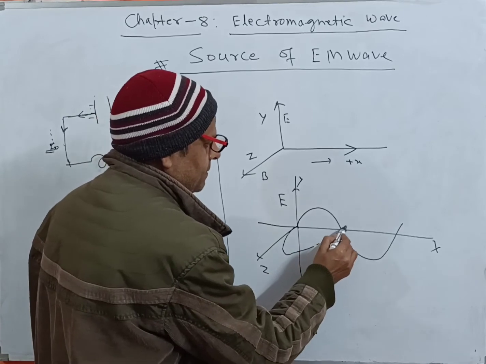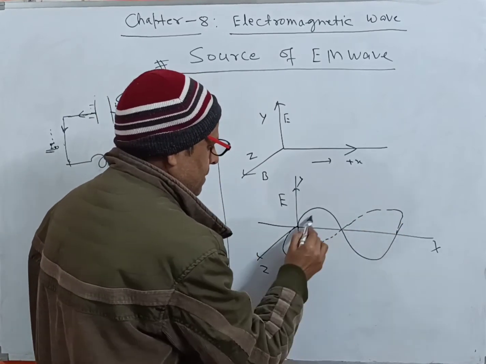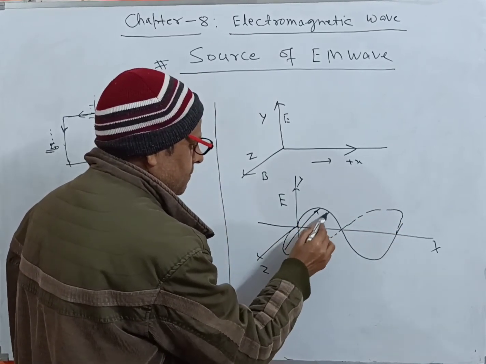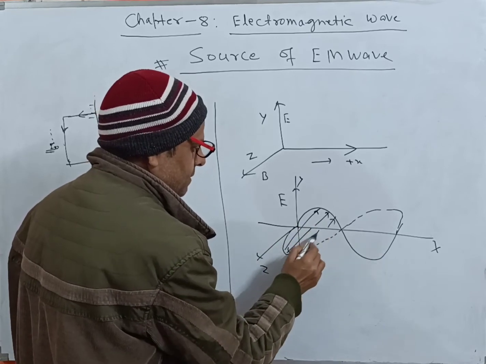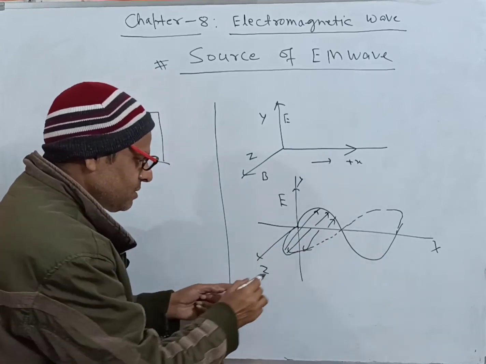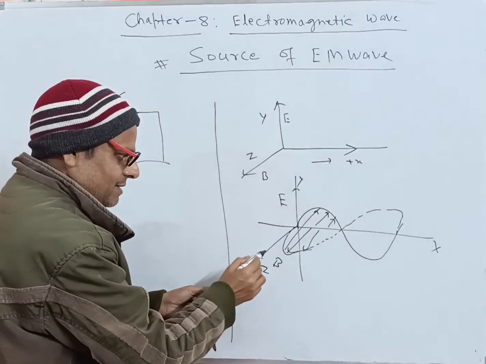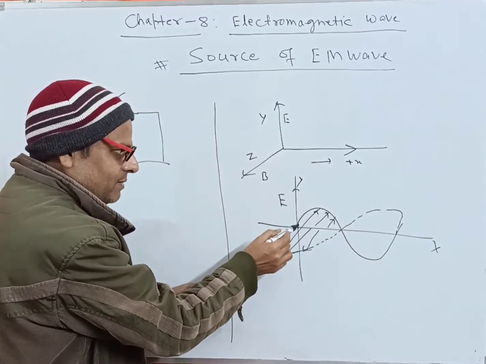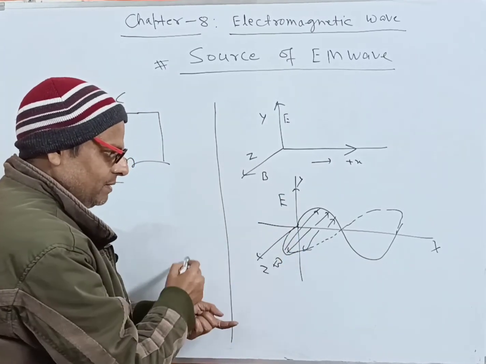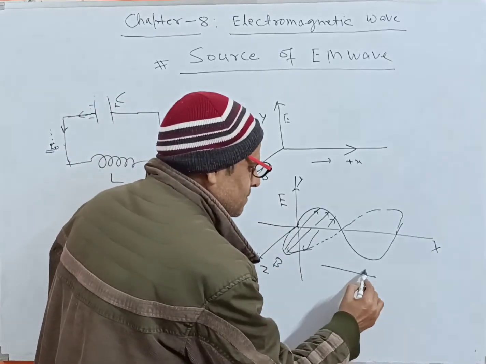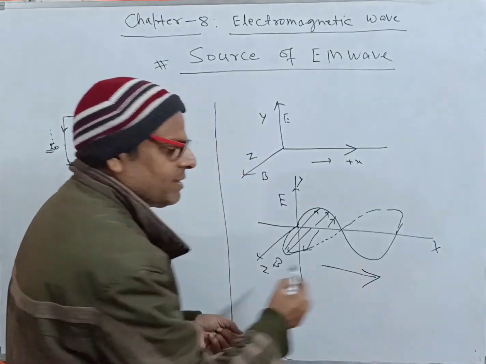The vibration of magnetic field will be along z direction. The vibration of electric field will be along y direction. Both will be perpendicular to each other, and the electromagnetic wave will propagate along x direction.